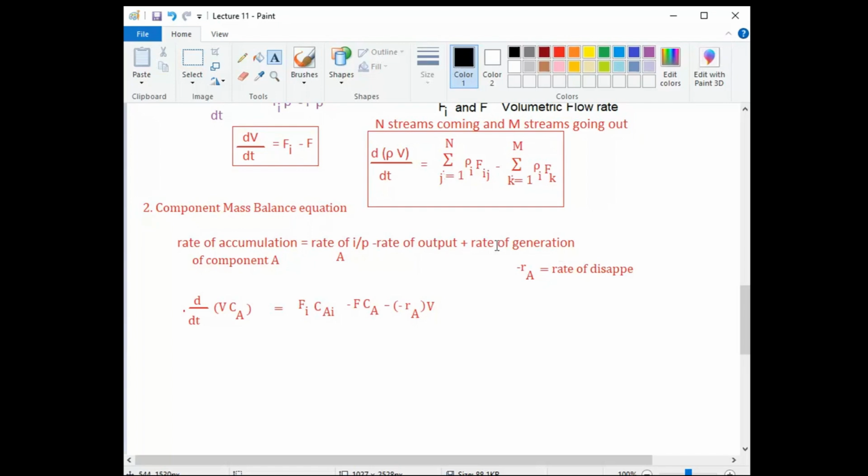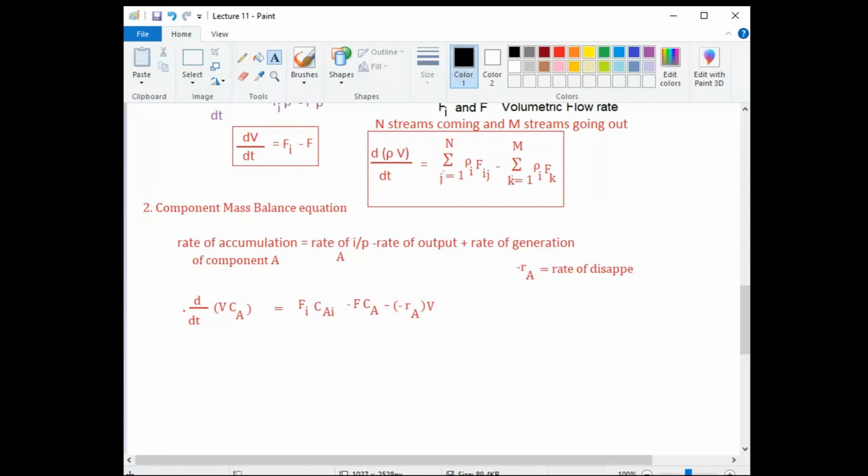Because in the equation we have rate of generation, but here the mass is disappearing, so minus Ra is rate of disappearance. That is why we have written minus of minus Ra. Okay, right? So we had done till here.